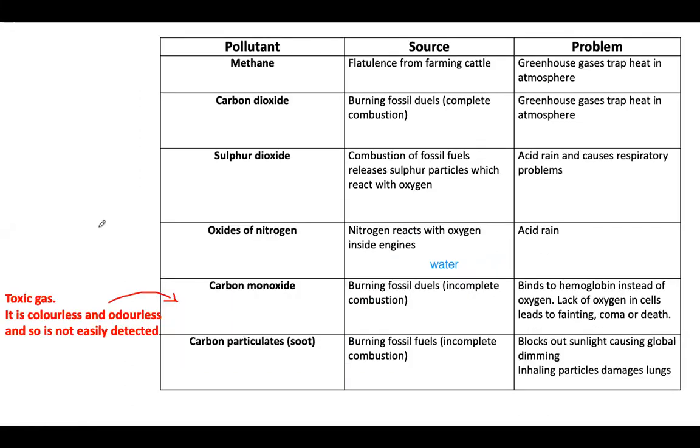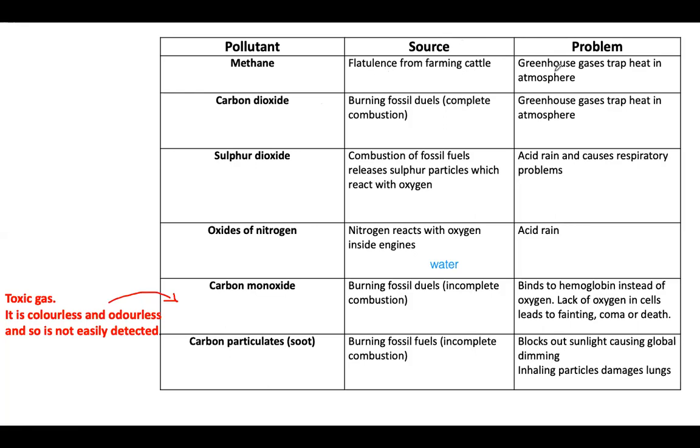Okay, so here is a nice little summary of the source and the problems with the different atmospheric pollutants. So methane we get from livestock farming through digestive processes or flatulence, or farts, if you will.